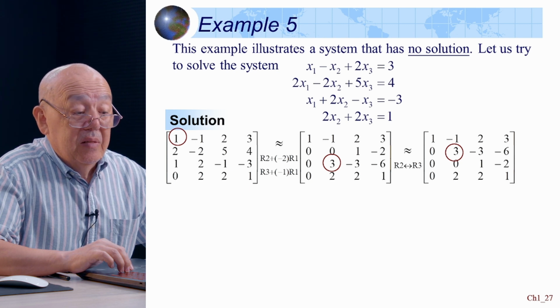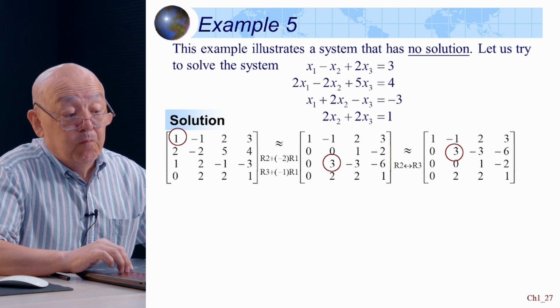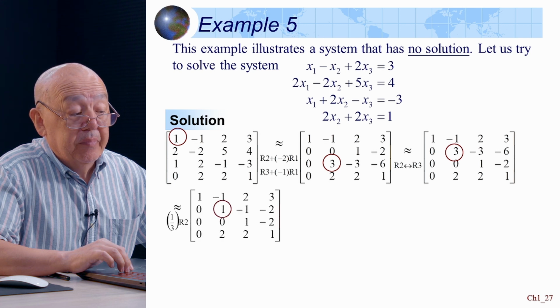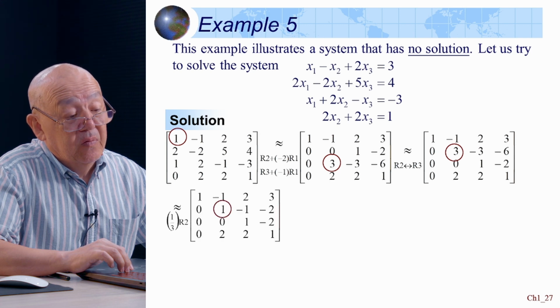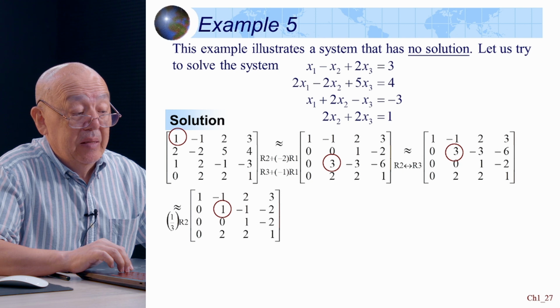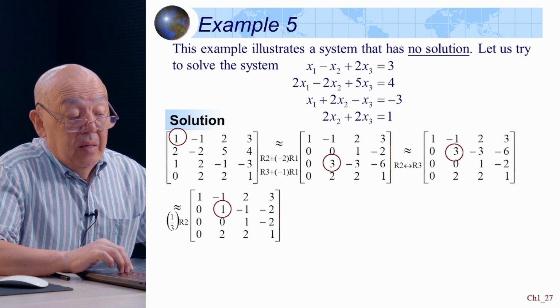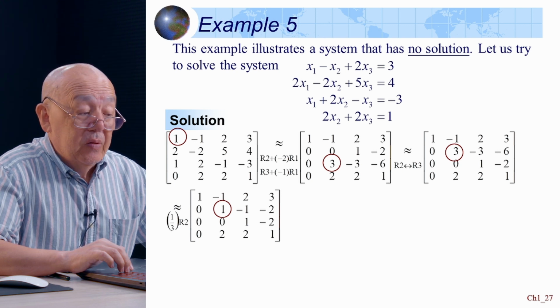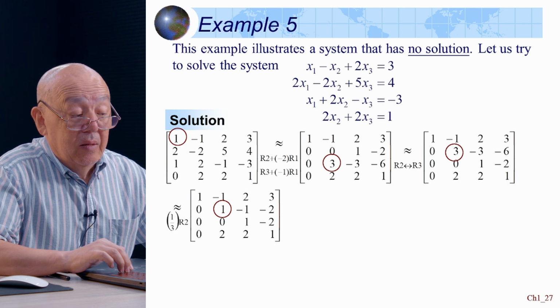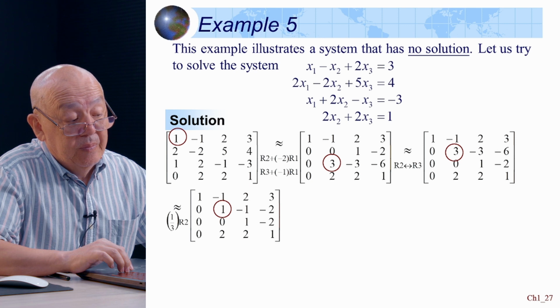Now divide second row by 3 and get first non-zero entry of second row is 1. Use this one to clean second column, R1 plus R2, R4 minus 2R2.